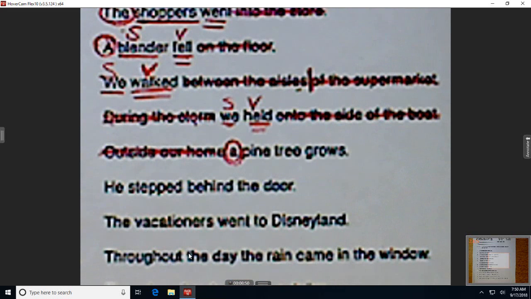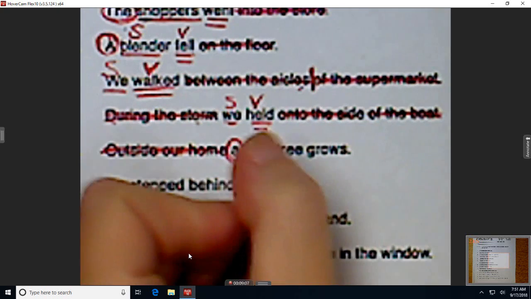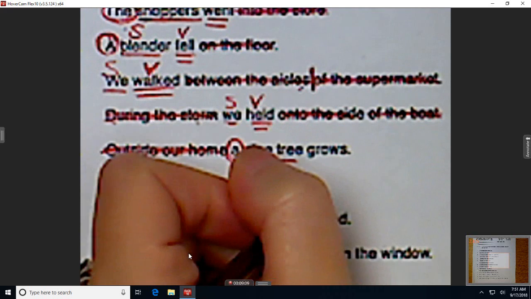We need to figure out what the subject is. What is the actual subject of the sentence? You can only pick one word. Paris. Okay, of those 2 words, you can only pick one. Which one's it going to be? Tree. Pine describes tree.